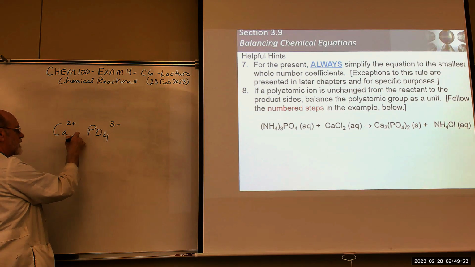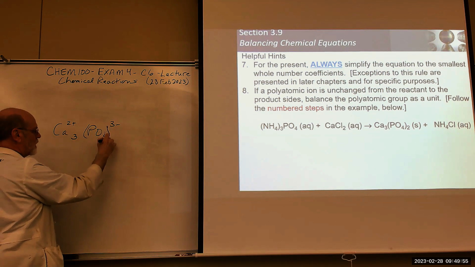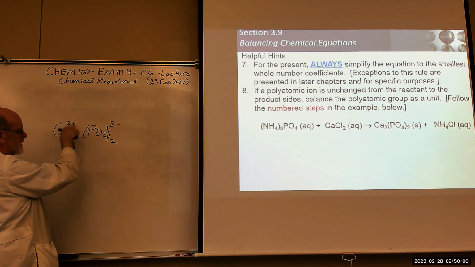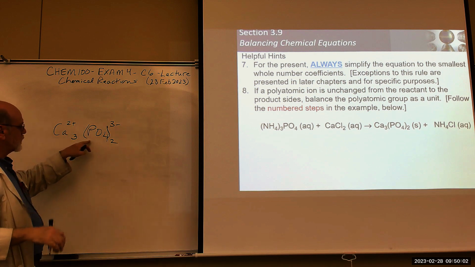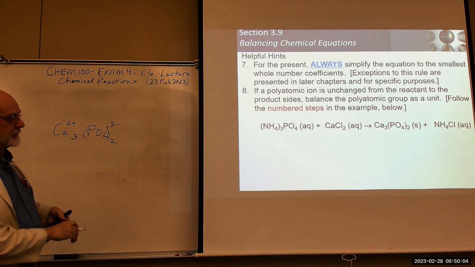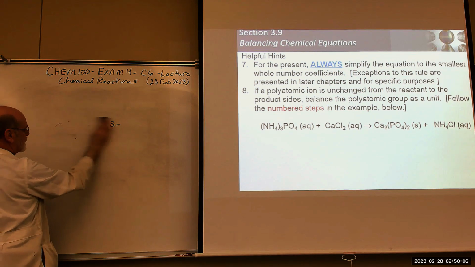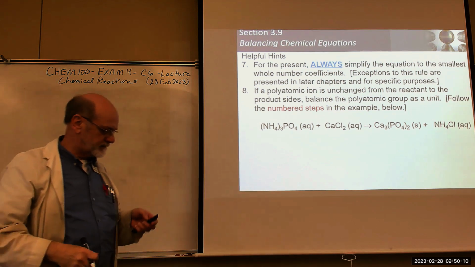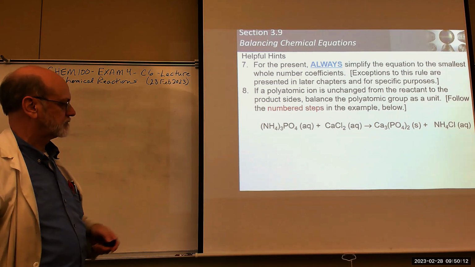So bring this 3 over here and this 2 over here, and that gives us 6 minus, 6 plus, we're balanced. Ca3, PO4 taken twice. So that was written correctly. And then ammonium chloride, we did that one earlier.